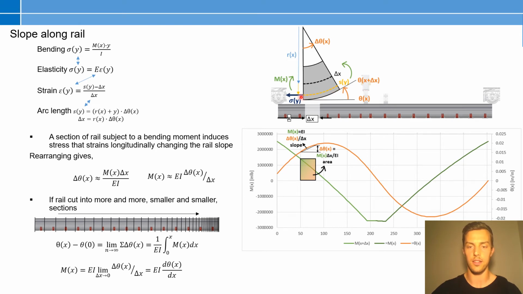And just looking at this particular longitudinal fiber, it makes this sector, and the geometry will tell us that the arc length of this fiber will be the product of the radius of curvature and that small angle, which just so happens to be the difference between the slope at this section and the slope at the next section.